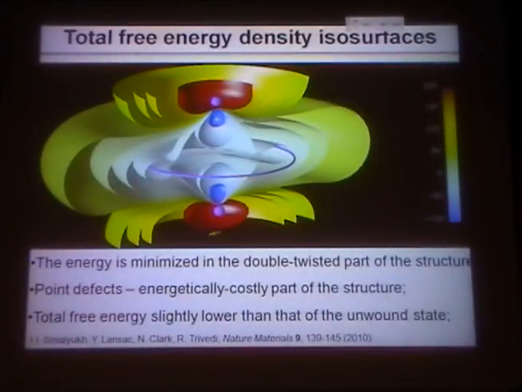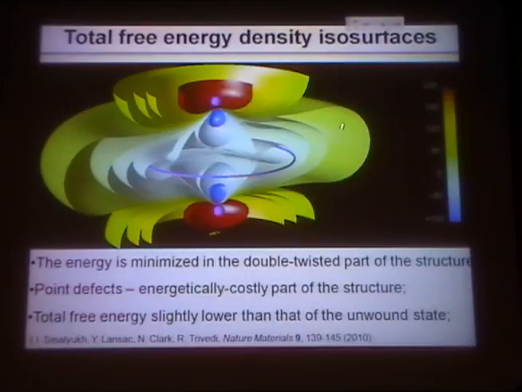What I discussed, this very simple picture of stability of the Toron configurations, can also be understood by means of numerical modeling, by numerically minimizing this expression of Frank-Oseen free energy, and then plotting the total free energy density isosurfaces, as shown in here, and the different colors simply depict the changes in local free energy density.